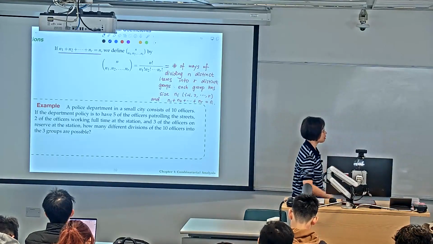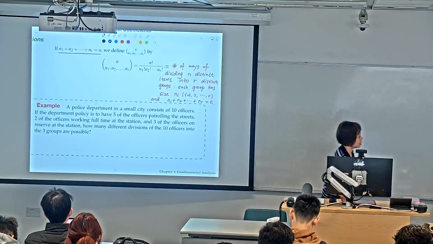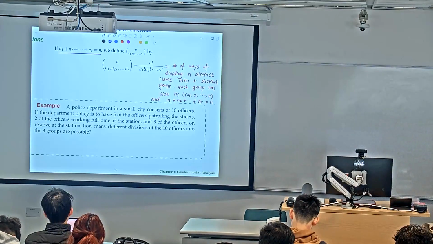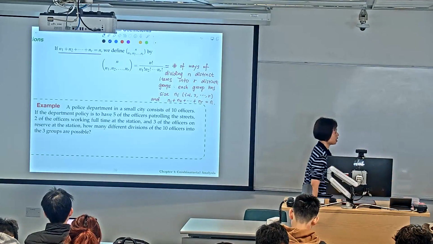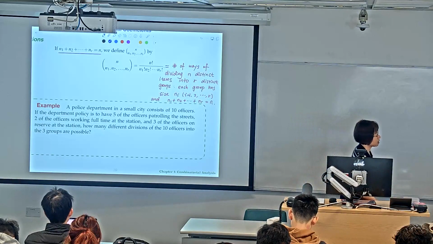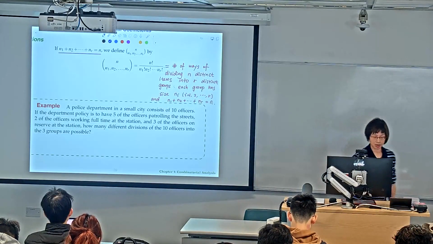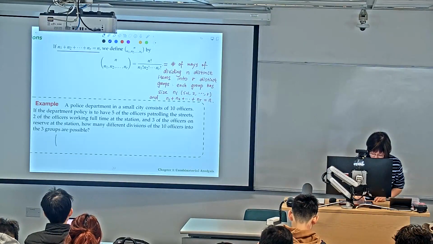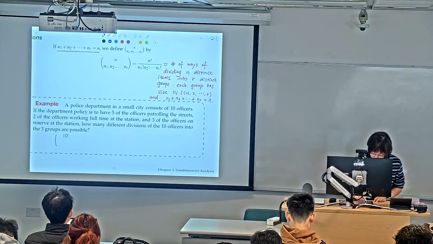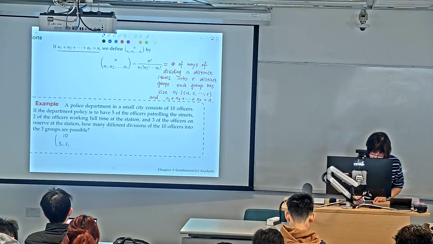Now with this multinomial coefficient, you can interpret this as dividing 10 officers into 3 groups conducting different tasks, and each group has size 5, 2, or 3. So the number is exactly 10 choose 5, 2, 3.